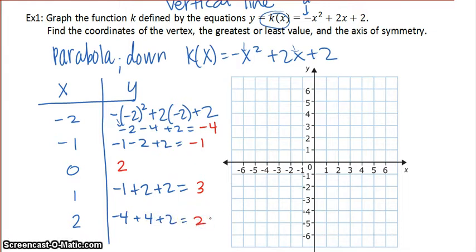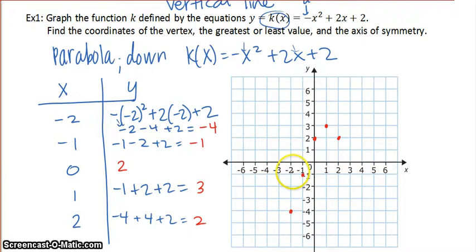I'm now going to graph my points. My points are -2, -4, -1, -1, 0, 2, 1, 3, and 2, 2. If you notice, it's not quite looking like a parabola yet.